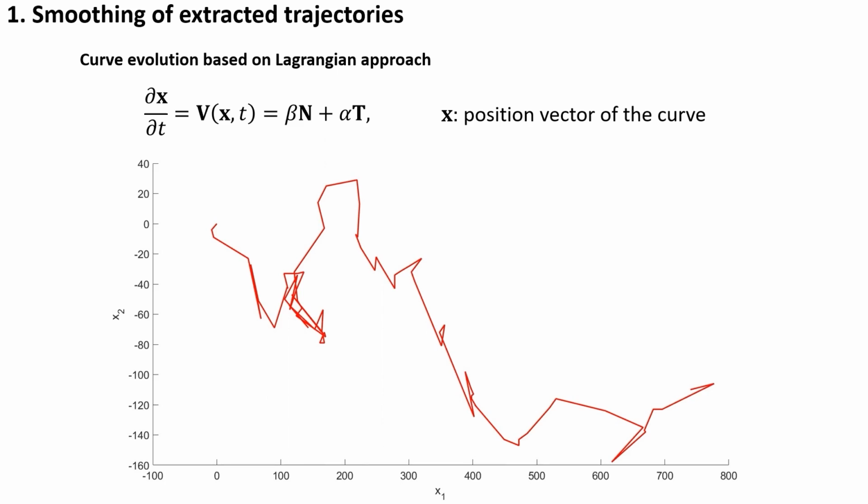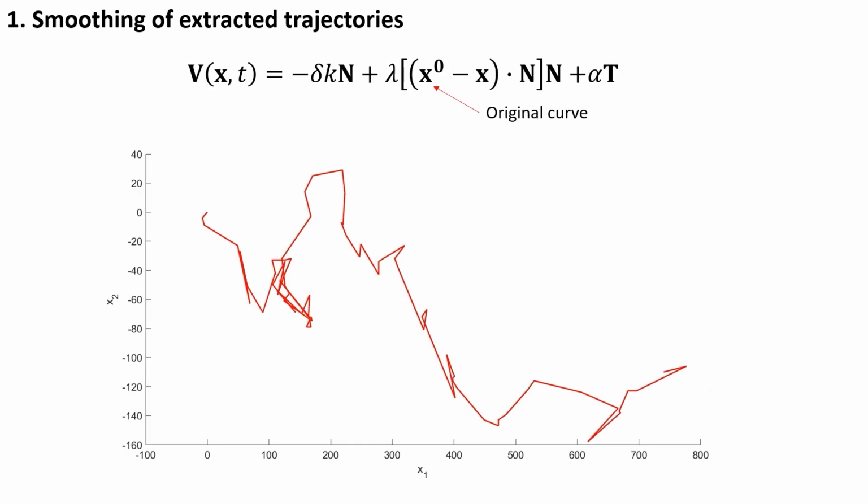Consider a trajectory like the one shown in red on the slide. In the Lagrangian approach, the curve is discretized to a set of points and evolves according to a partial differential equation. Here, x indicates a point on the evolving curve. Specifically, the velocity is composed of three terms.